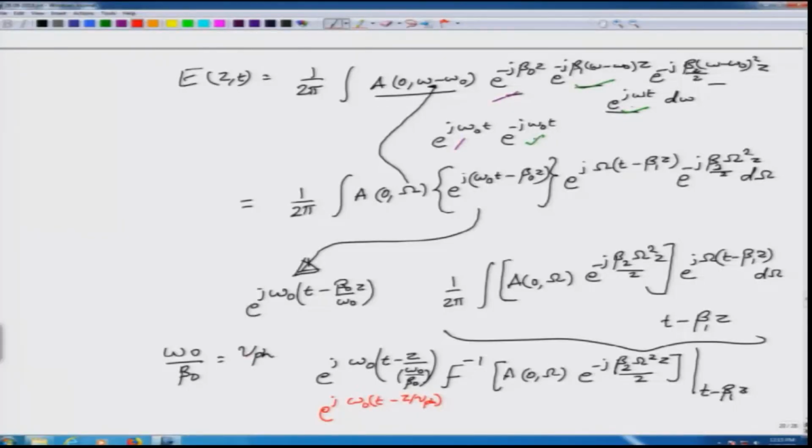Normally we talk about delay per unit length. So, the normalized delay, or delay per unit length, is given by 1 by V_ph, and V_ph itself is inversely proportional to beta 0. The term on the right hand side is essentially how the fiber has modified the spectrum.